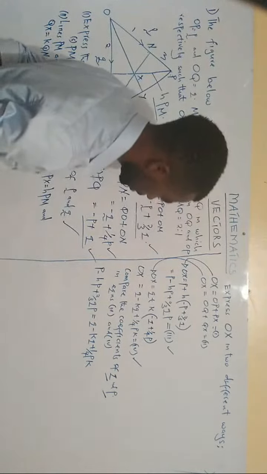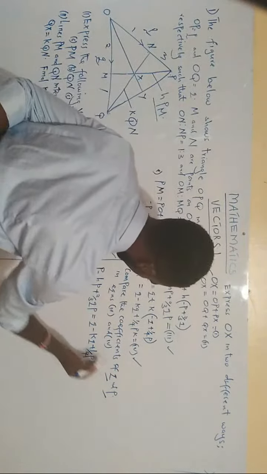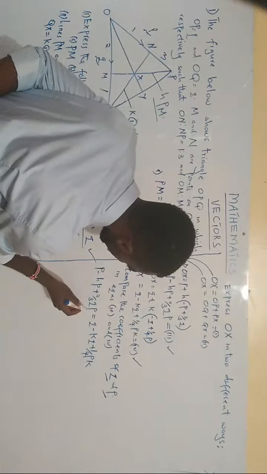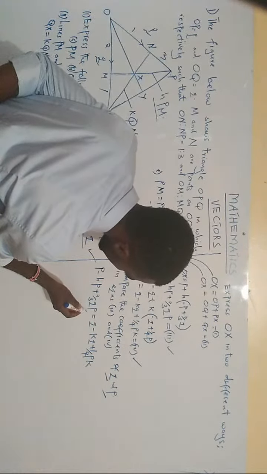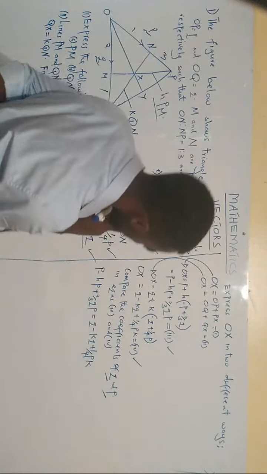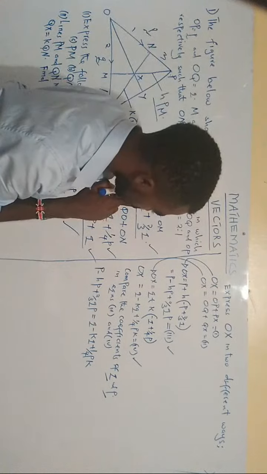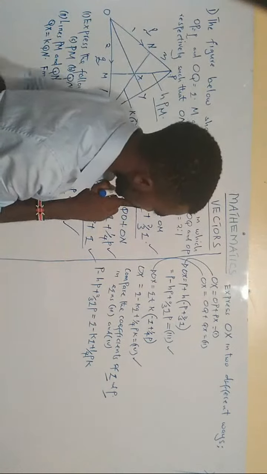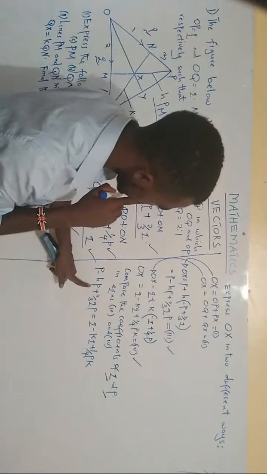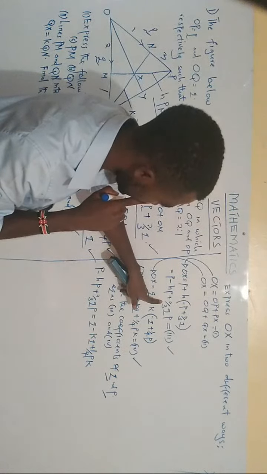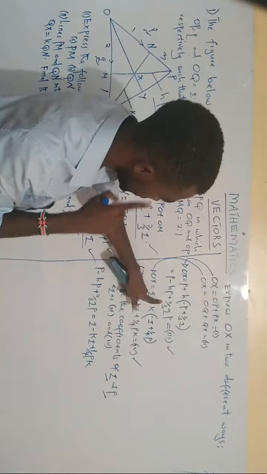So what we do, let's get the values of Q on this side, and the values of Q, we have this group. Where do we have Q? Look at these, students.